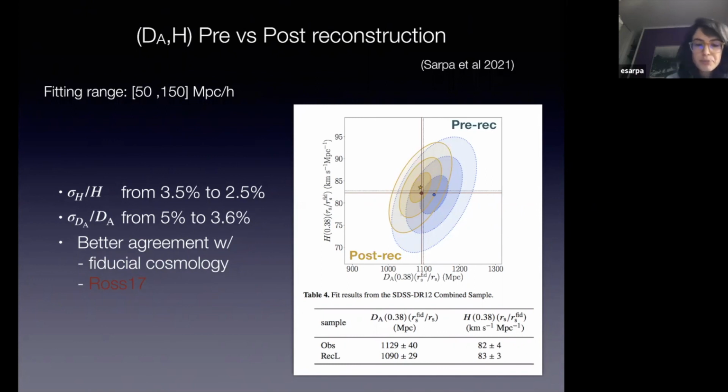And more importantly, post-reconstruction, we have a better agreement with both the fiducial cosmology and the results obtained by Ross et al. 2017, in which they were reconstructing the two-point correlation function of the same dataset.